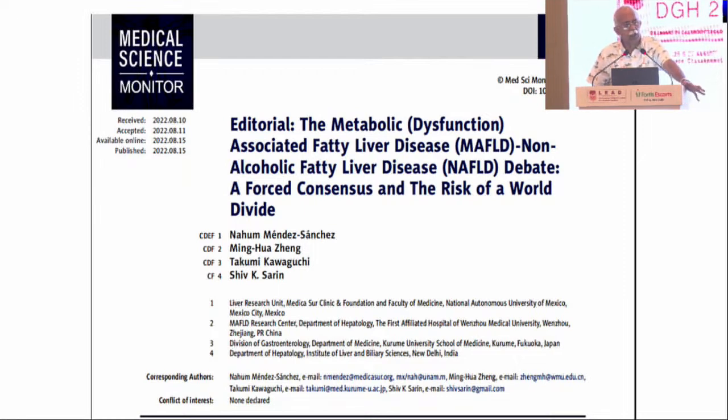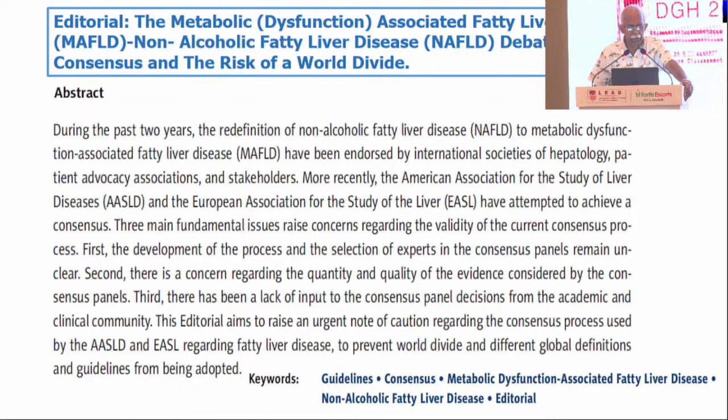No sooner did the parties come to know that this is going to happen, that the term is going to change, that it won't remain as MAFLD, that a new term MASLD will be there, will be muscled in, this editorial came in. And what did it say? That it will divide the hepatologists. This is very bad.